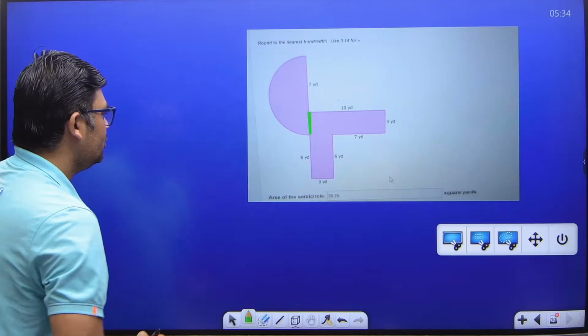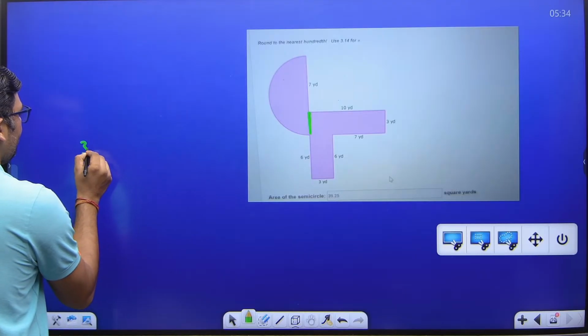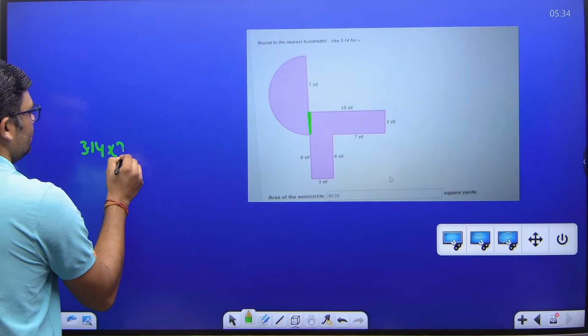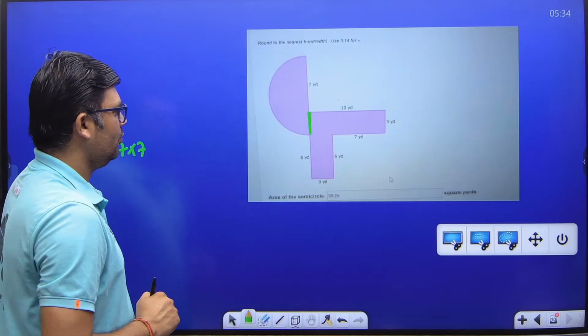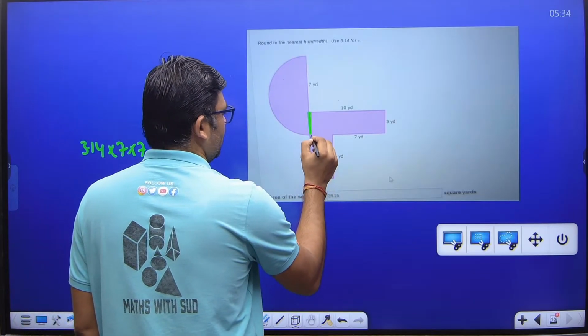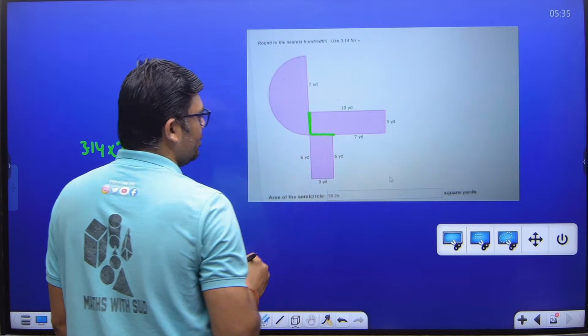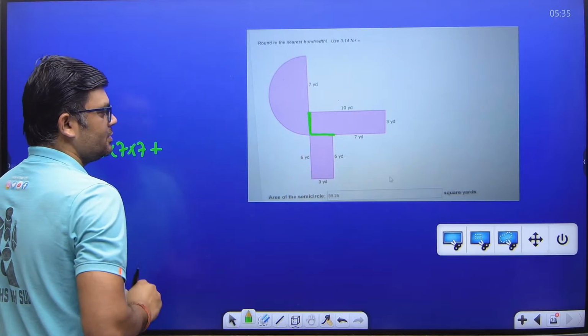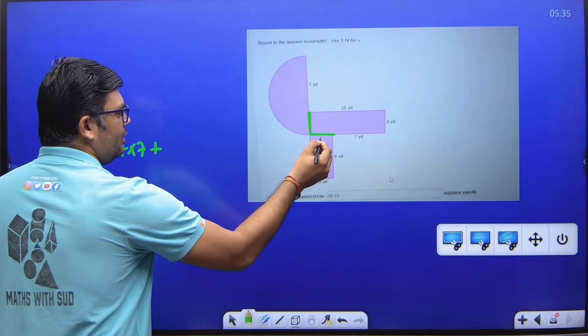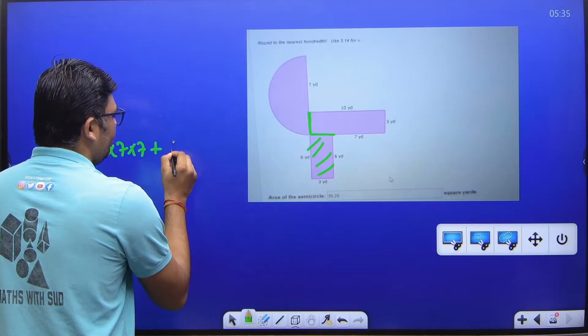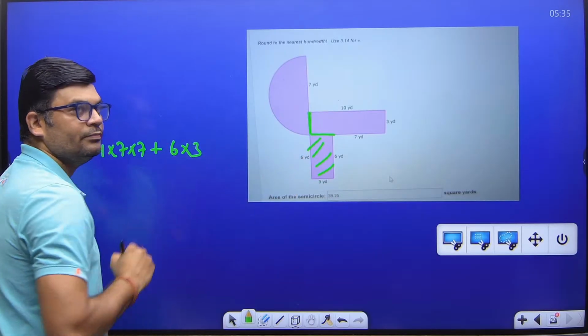So the area will be 3.14 into 7, right? Then you can join this as well. Plus, what will be the area for this? This is a rectangle, so it will be 6 into 3.